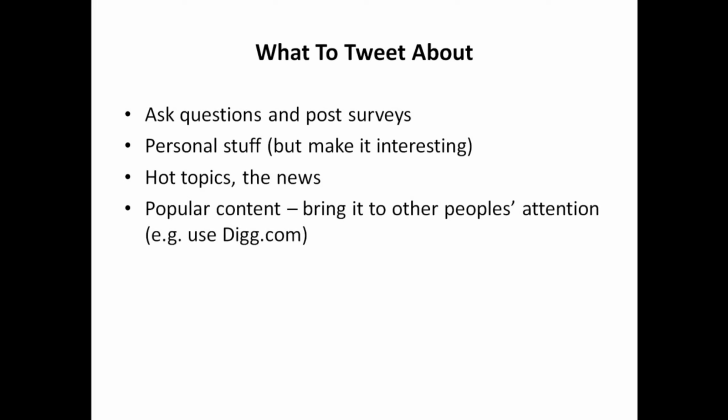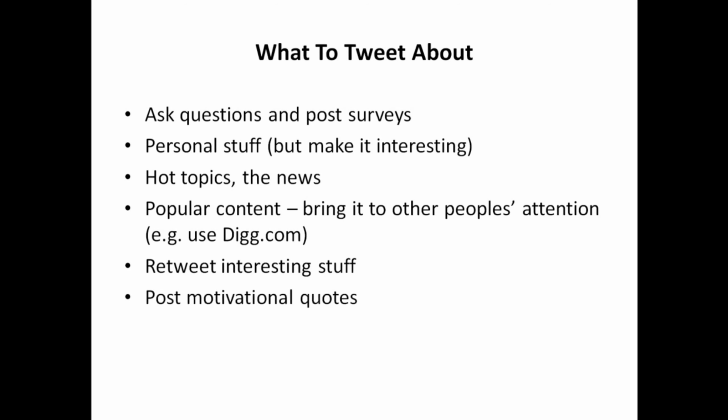And you can bring to people's attention popular content from the web. Using dig.com is an excellent source to find topics. You can also retweet other interesting tweets and post motivational quotes. But we recommend that you stay away from politics and religion.